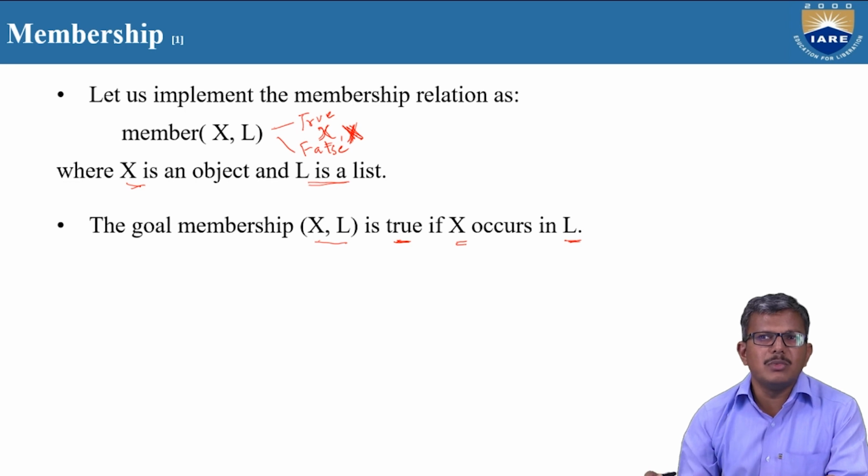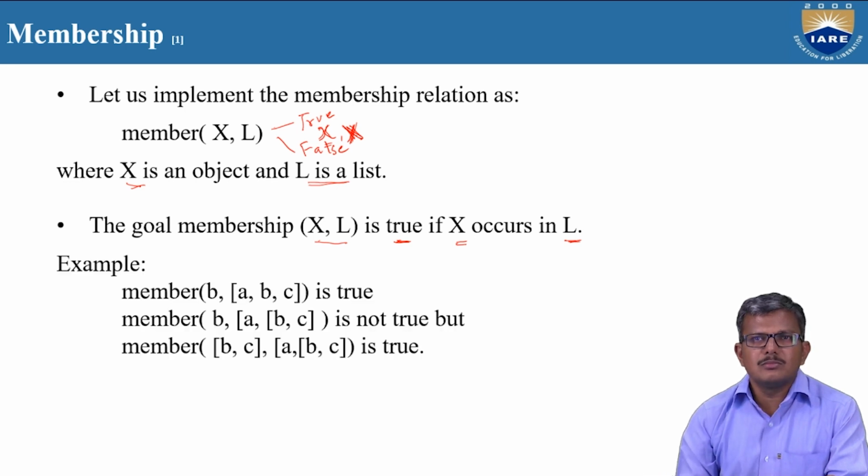Okay, so like this it will be. Let's try to see some examples. Member of B comma, in the square brackets, A B C. Observe the next parameter: the next argument of this member function should be the list itself. It can be a single list, or a list with other sublists also.